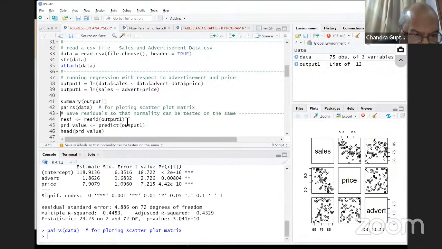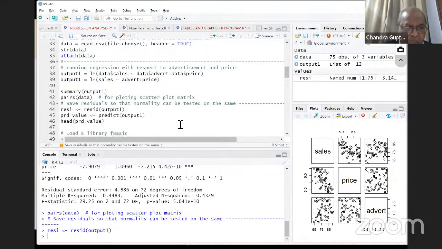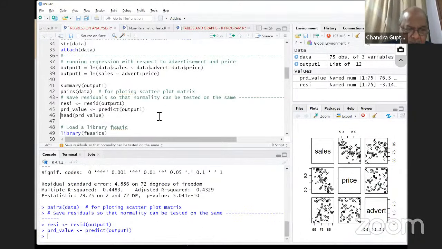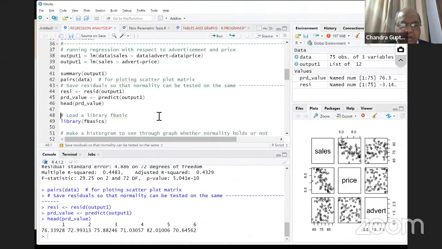Then you can save the residuals, resi output 1. You can also get the predicted values. For the predicted values, we get the predict. And then you can see the first few figures of predicted values.